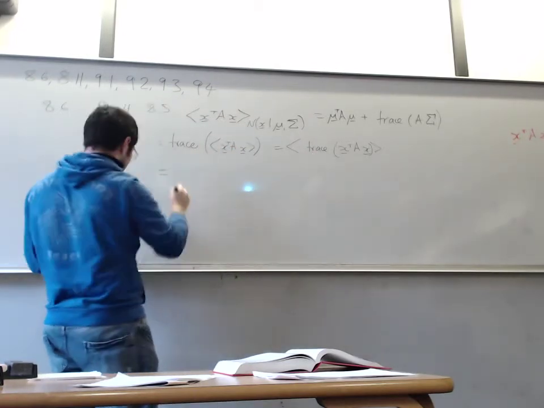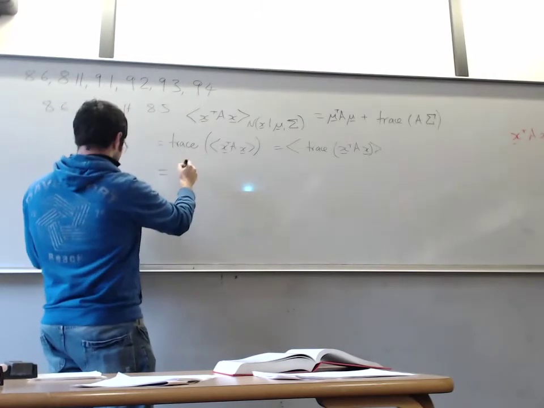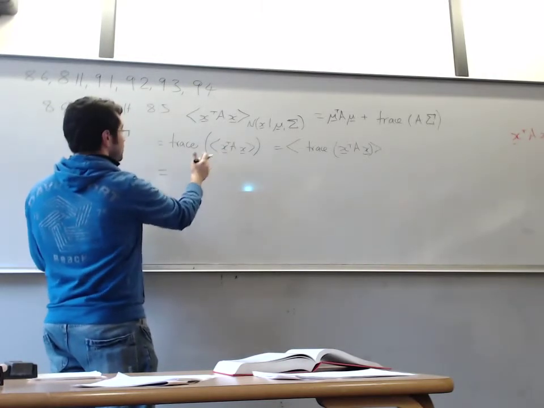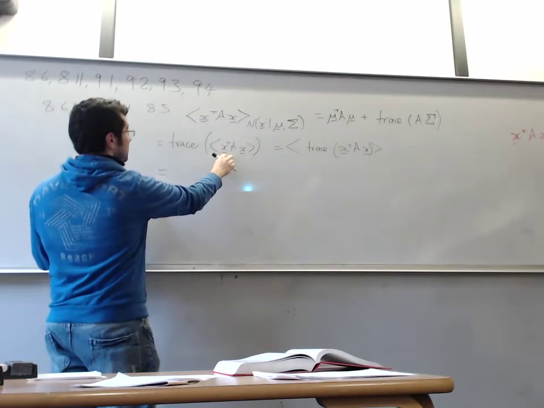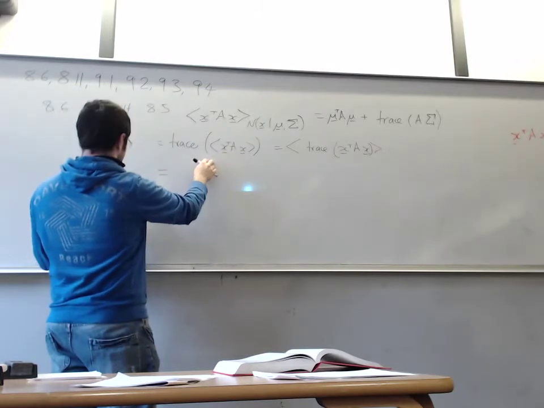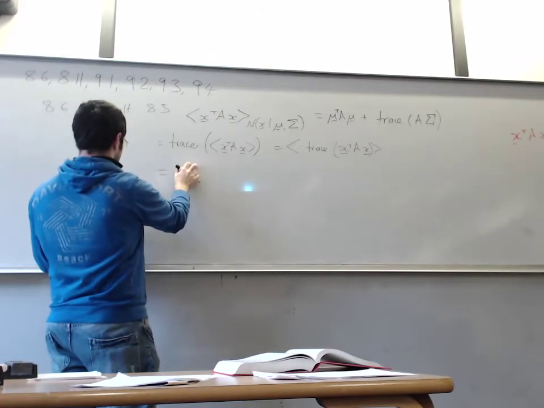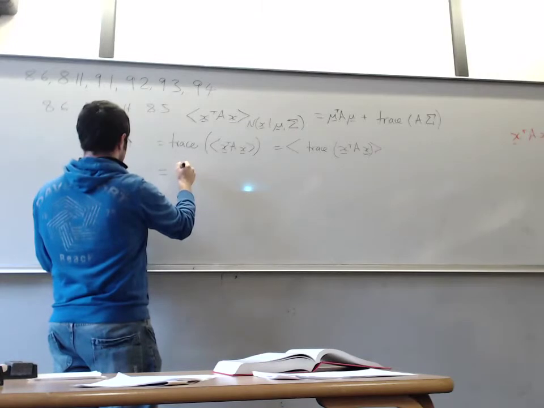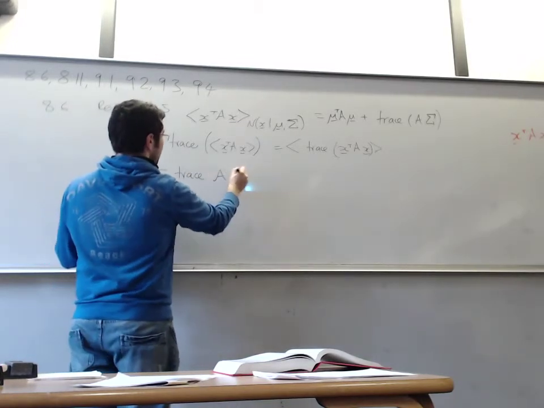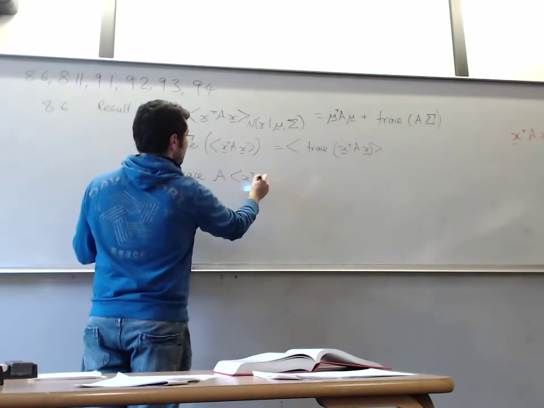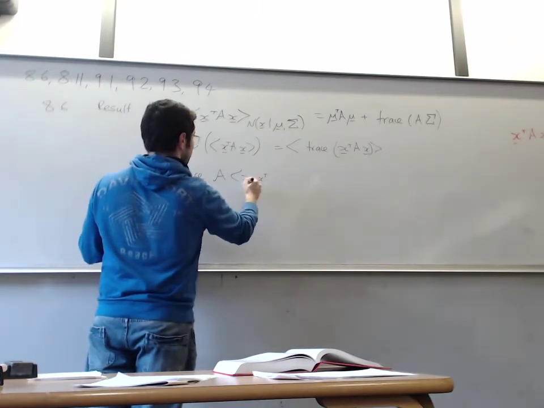Sorry, I got a little bit confused here, right? So now, commuting those things in here, we can write this as A times X X transpose outer product.